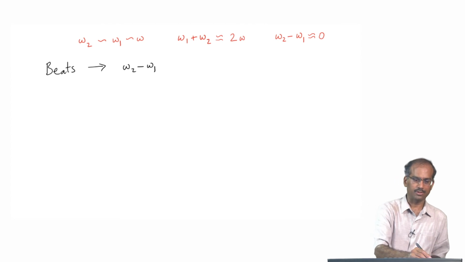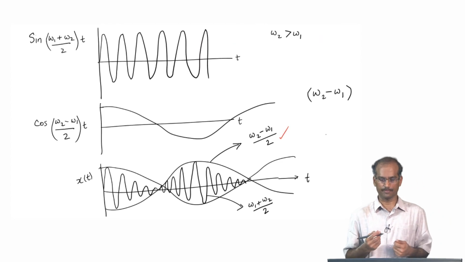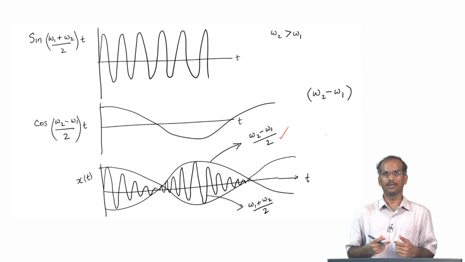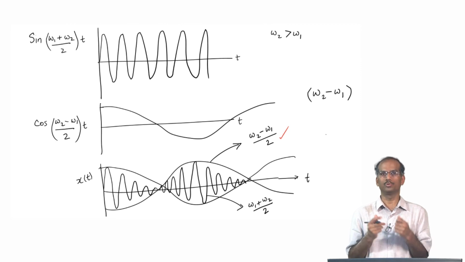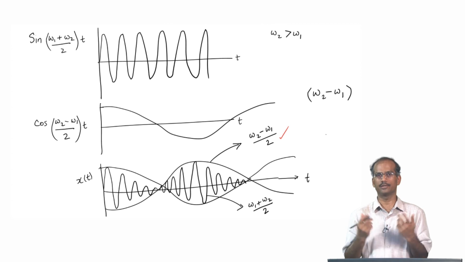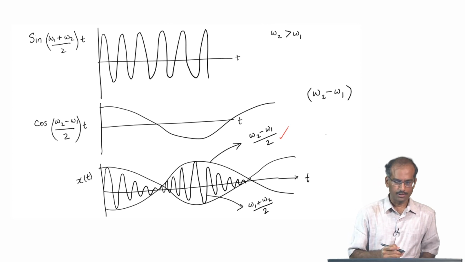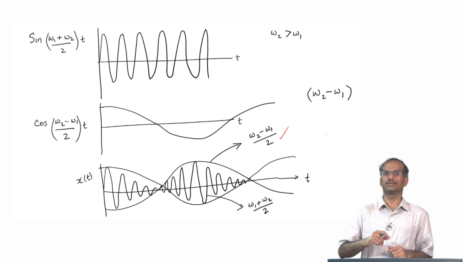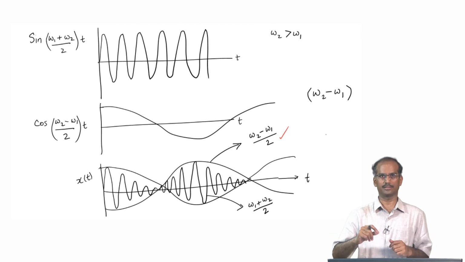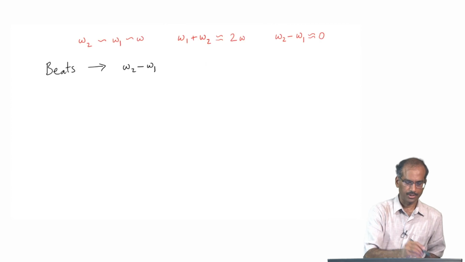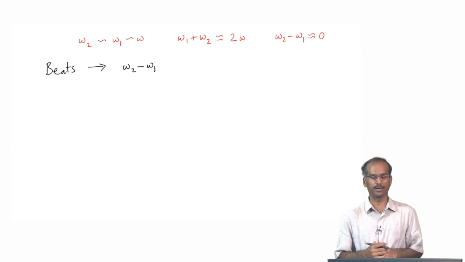There is strong waxing and waning of oscillations, and when you listen to two tuning forks which are held close together and allowed to oscillate, you do get a very strong sound intensity that is increasing, decreasing and so on. So, that is the phenomenon of beats.